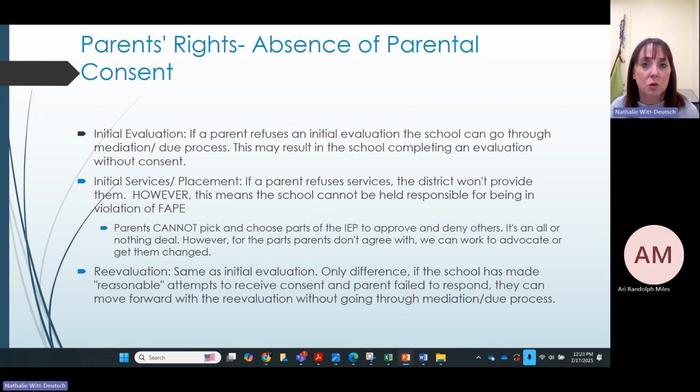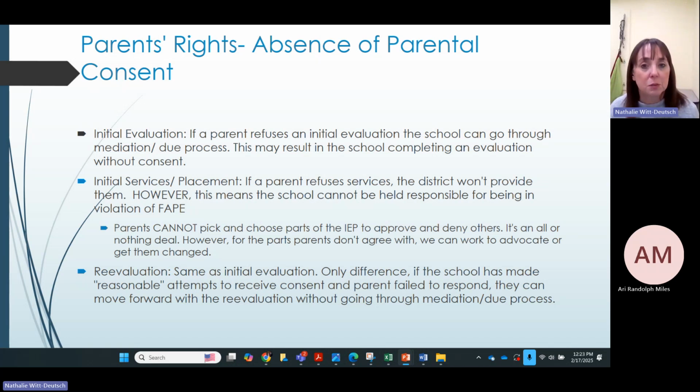And this may result in the school, if it is found that this is what we need to do in order to help this child, completing that initial evaluation without your physical consent. Mediation and due process is a very long and lengthy process. We'll get into that at the tail end of this presentation. But know that if you refuse, the school does have the right to potentially take you through mediation and due process to obtain that consent.